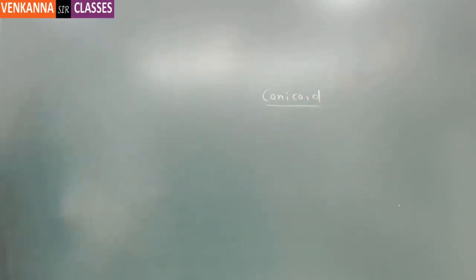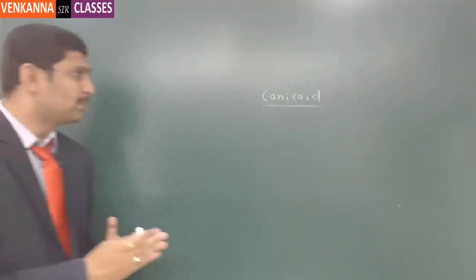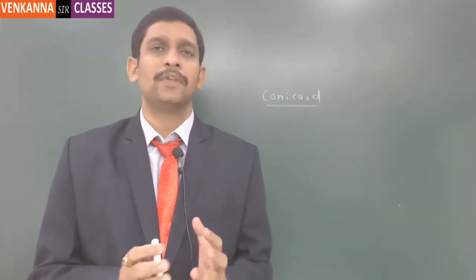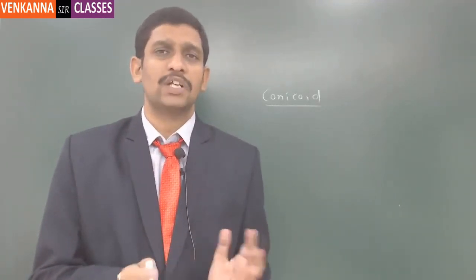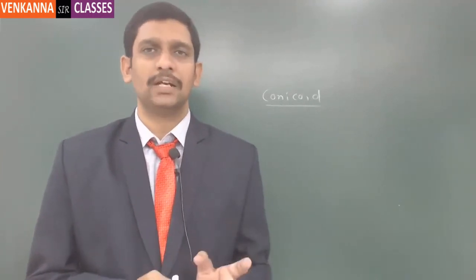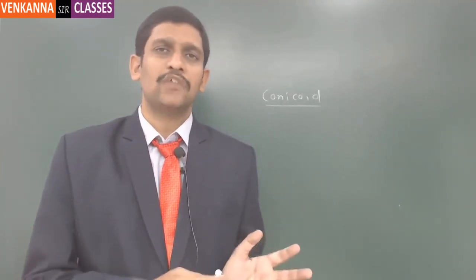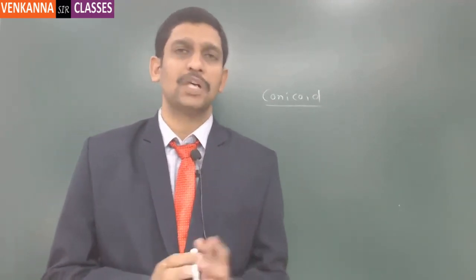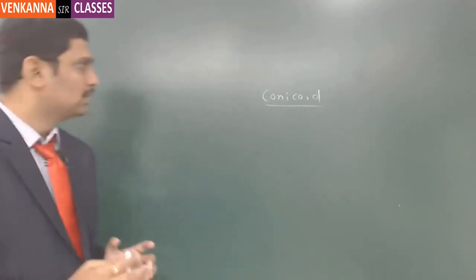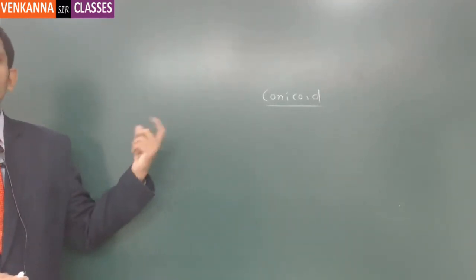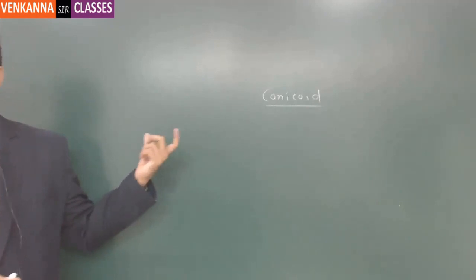That is conicoid, right? So with respect to conicoid, if you want to study its properties, I will give the pictures in WhatsApp tomorrow morning or today night mostly. You please check that. But earlier we start with the basic concepts. In the chapter of conicoid, we consider the locus of the points which are on the surface.